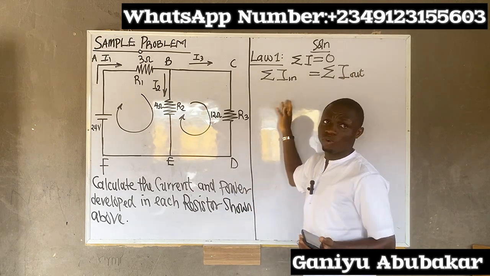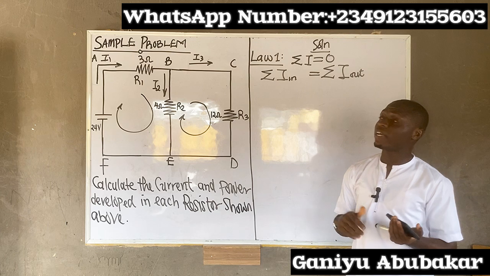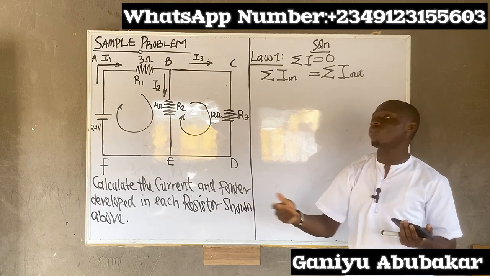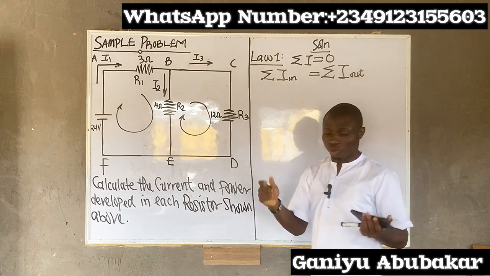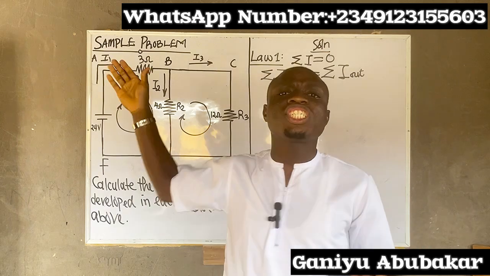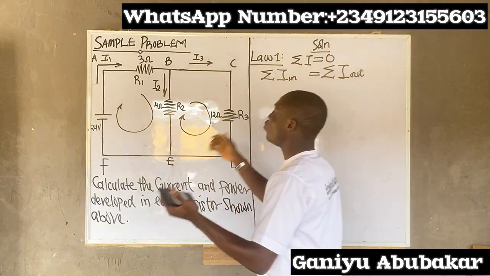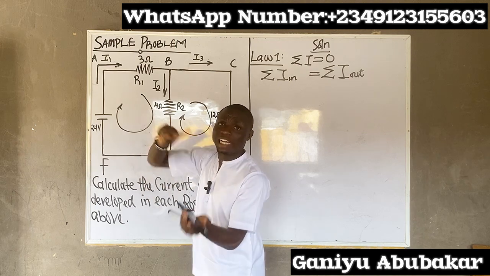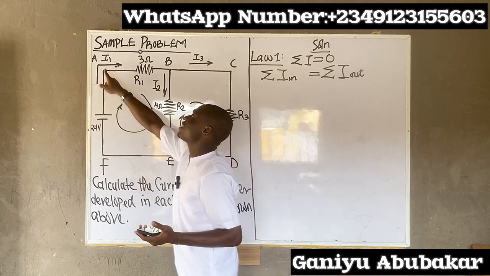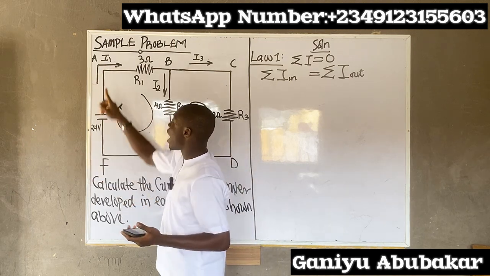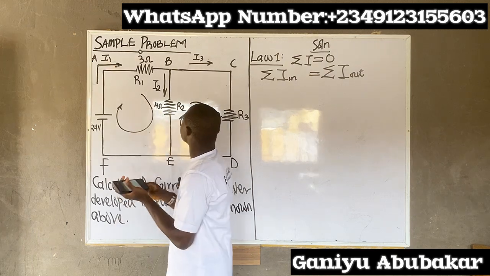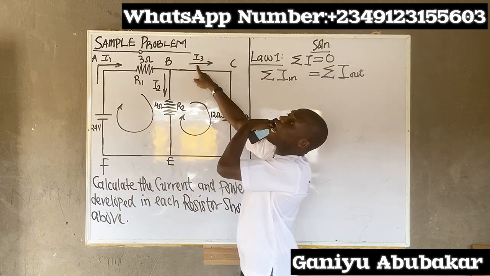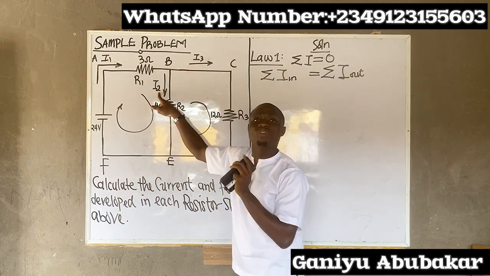This idea was brought up from KCL, Kirchhoff's current law. If this is true, check the diagram. Which are the currents flowing in and outwards? Observe that I1 is flowing in, I3 is flowing out, I2 is flowing out.